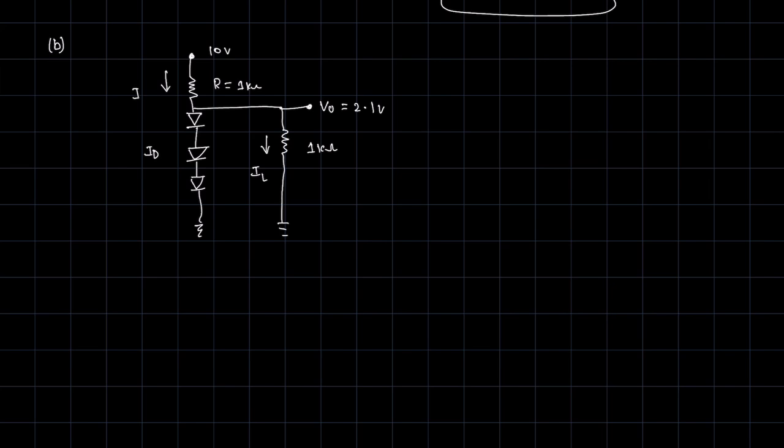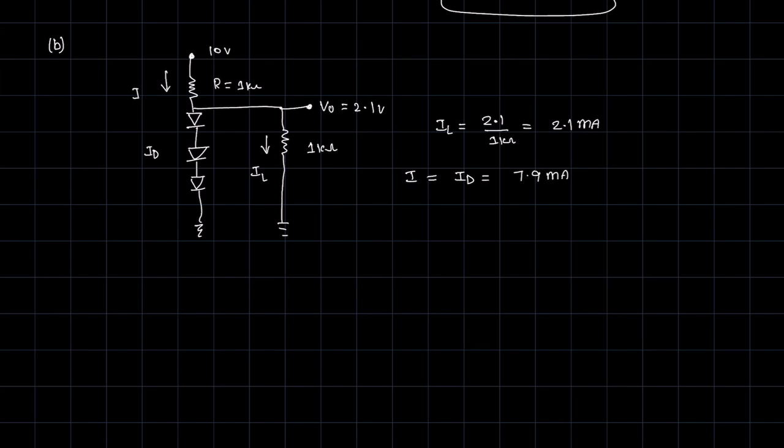Here the load current IL is 2.1 over 1 kilo ohm, which is 2.1 milliamperes. Earlier, the no-load current was 7.9 milliamperes.